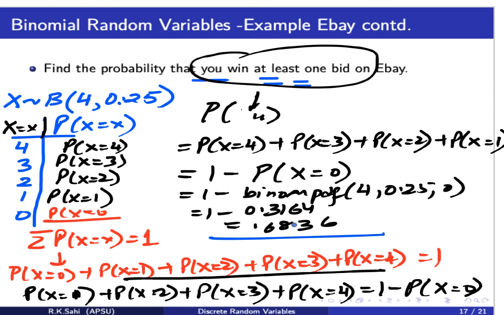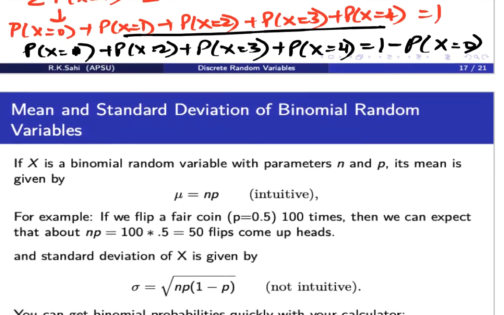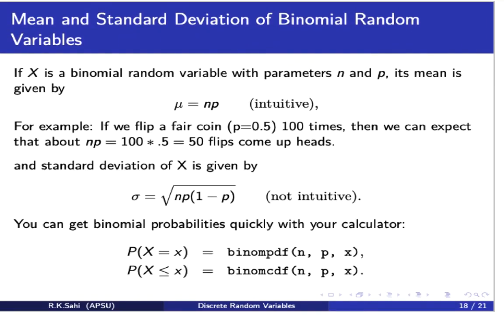Remember we talked about mean and standard deviation of a random variable? Keeping that in perspective, we will now look at the mean and standard deviation of a binomial random variable. If X is a binomial random variable with parameters n and p, the mean is very simple.